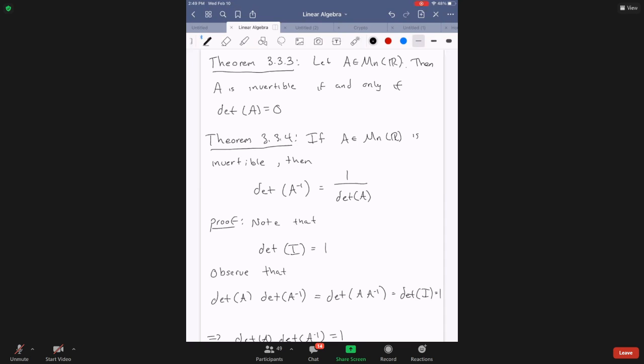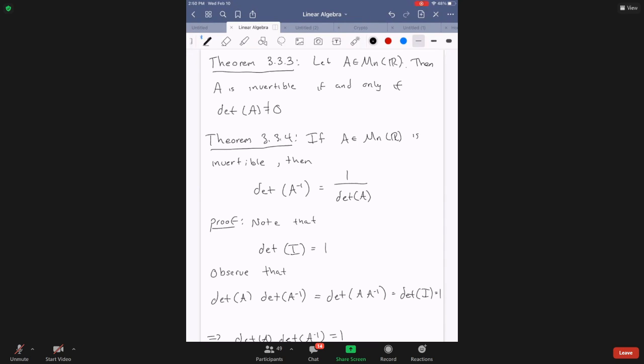Hold on, let's see. It's a good point. Let me think about that. Did I state that right? Yeah, because you're right. In that case the determinant of A is 0, and this is just 0 equals 1. Obviously there's something bad going on here. So if we have A and its inverse exists, then the determinant of A has to be, oh wait, no, it's non-zero.